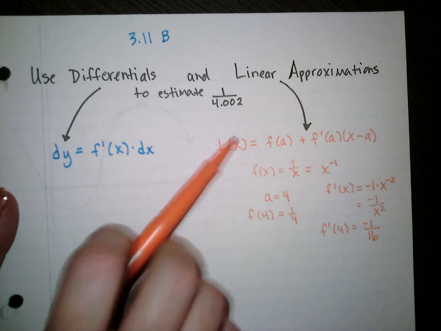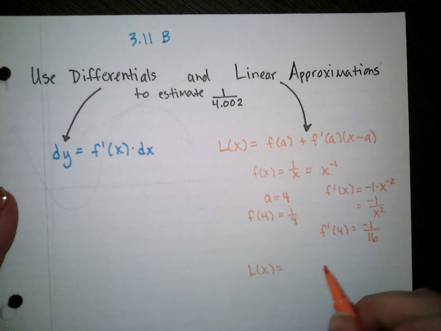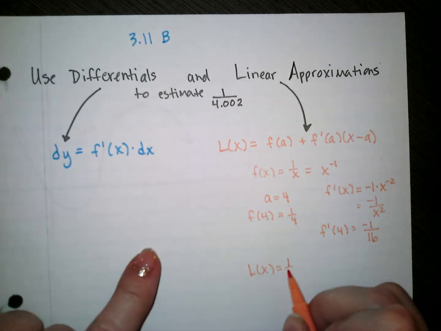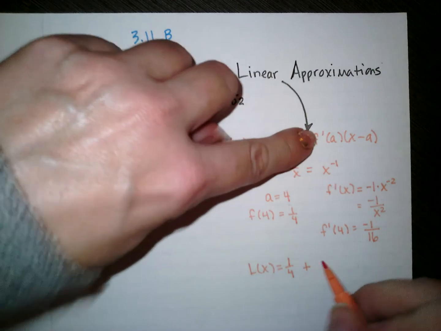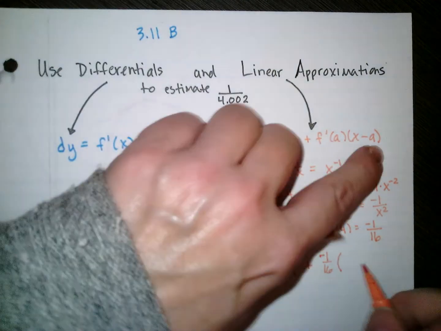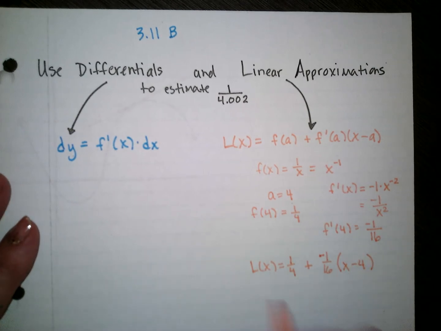So our linearization model is going to be L of x equals f of a, so 1/4, plus f prime of a, so negative 1/16, times x minus a, so x minus 4. I'm going to go ahead and simplify this and make it just a line instead of leaving it in this form.